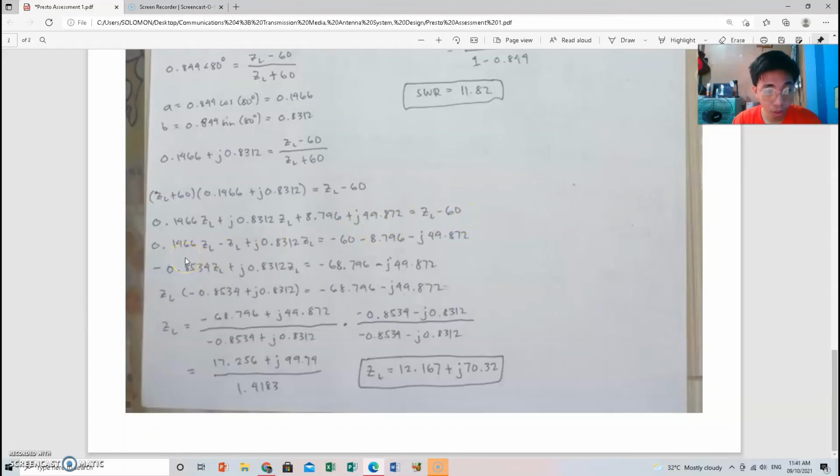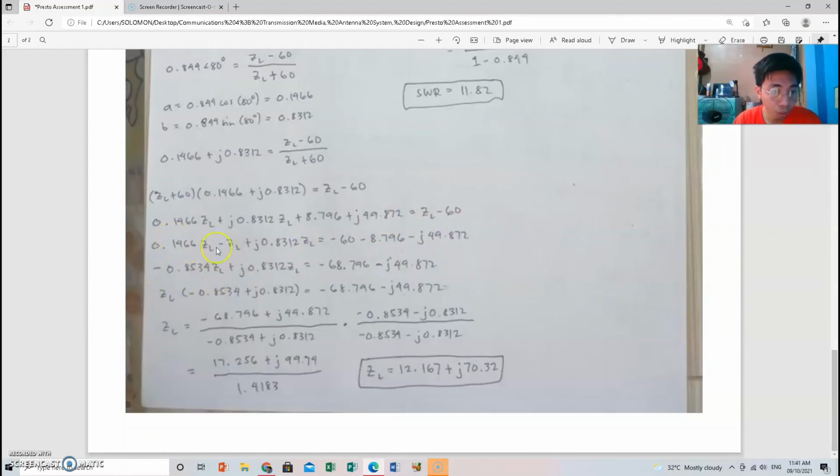And we isolate the terms with ZL variables in the left side and the rest in the right side. So that becomes 0.1466 ZL minus ZL. So we transpose this ZL onto the left side, plus J 0.8312 ZL. Just copy this one. Is equal to negative 60 minus 8.796, transpose this into the right, and minus J 49.872. Again, transpose this one. And combine the terms.